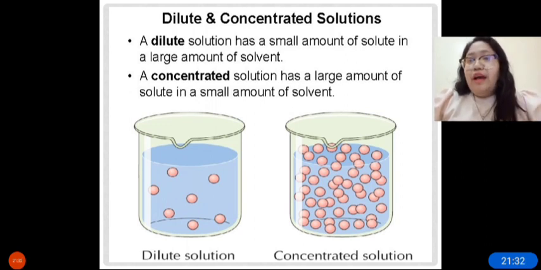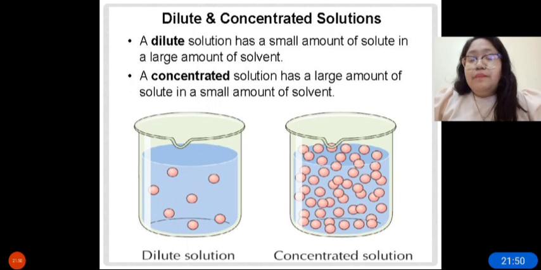So next we have the dilute and concentrated solutions. A dilute solution has a small amount of solute in a large amount of solvent, while a concentrated solution has a large amount of solute in a small amount of solvent.